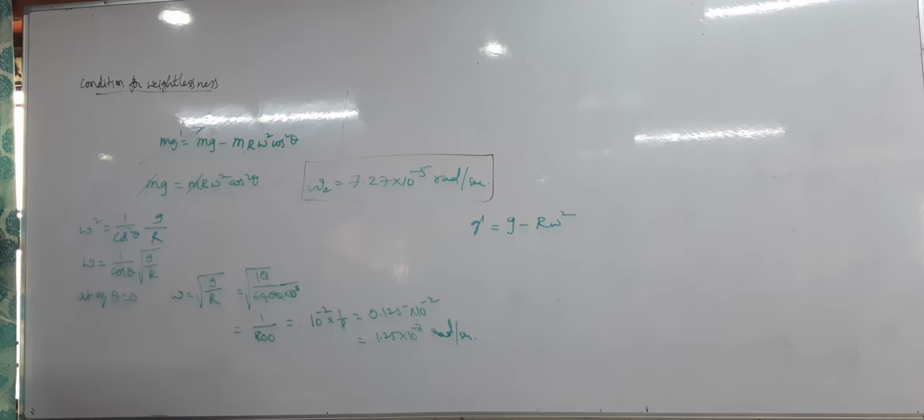If the earth were to rotate 17 times its present angular speed, then the body lying on the equator would fly off into space.